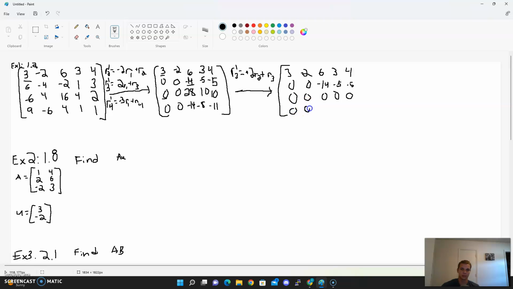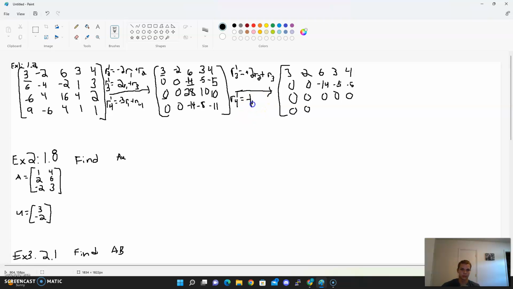So we do the same for row 4. So row 4 prime equals negative 1. I'm sorry, I zoned out there for a second. So we need negative 14 to cancel out. So we have to do negative 14 times negative 1 to give us 14. 14 plus negative 14 obviously will be 0.